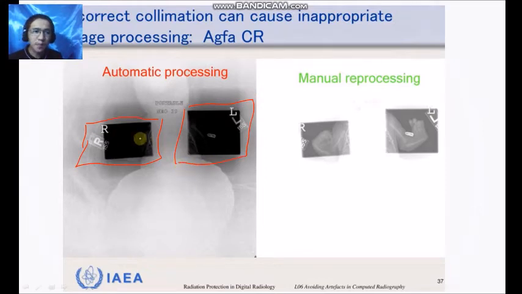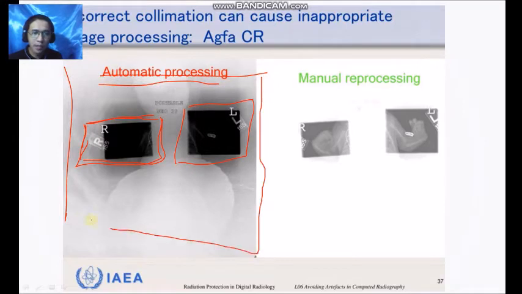Okay, so it will display that. Like for example, after automatic processing, this will be the image that will be displayed, the whole. This will be the whole image that will be displayed on your monitor. But then right after processing of the computer, then it will display it as this.